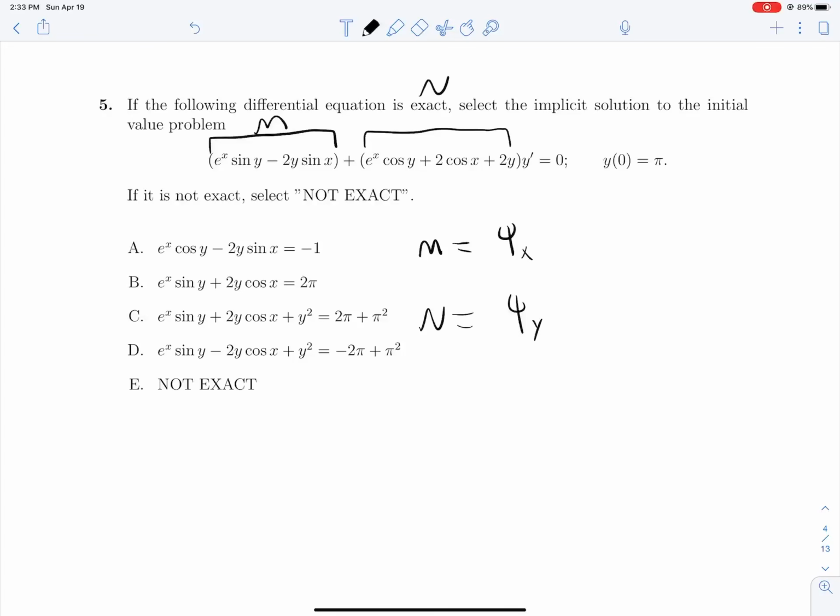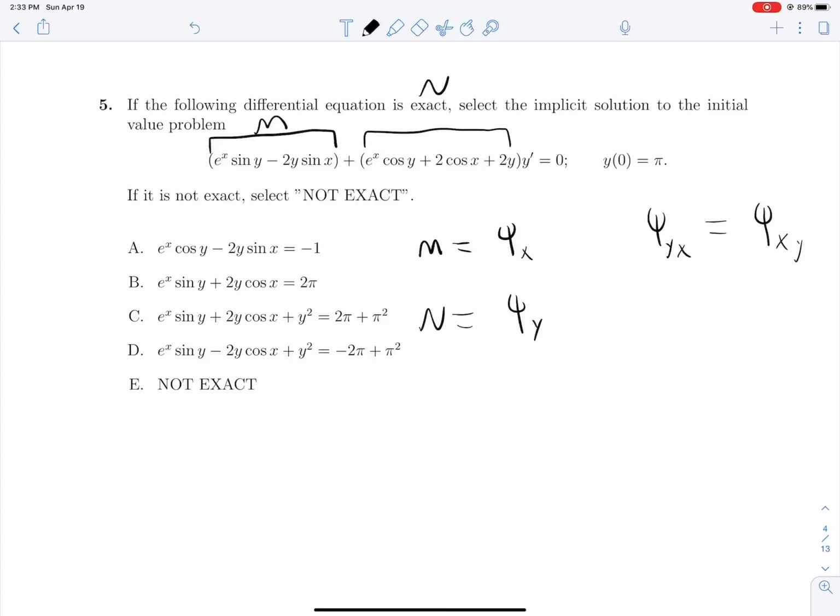And because this is just a normal kind of function with sines and cosines and e's and everything, by Clairaut's theorem, the mixed partial derivative of this function, so the partial derivative with respect to y and then with respect to x, must be equal to the partial derivative of this with respect to x and then y.